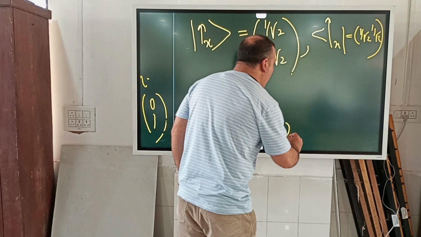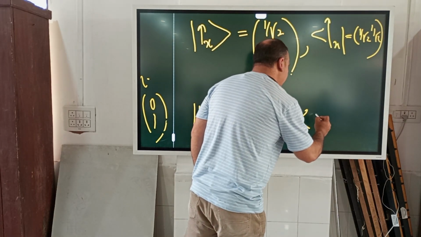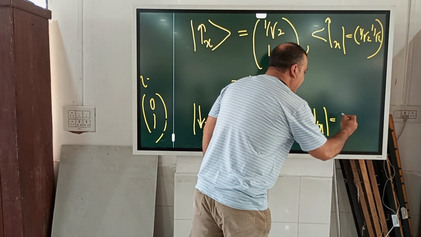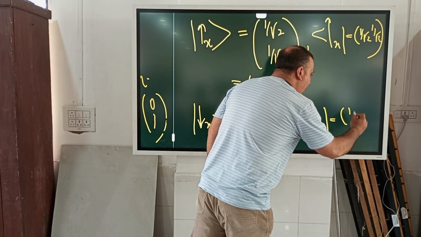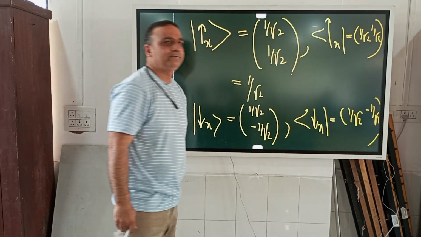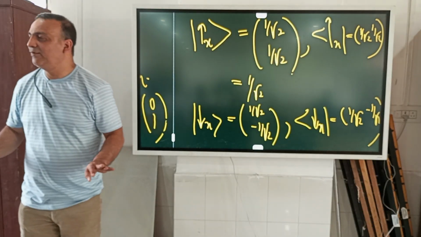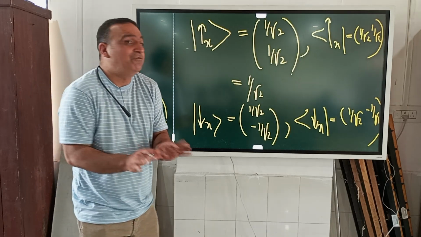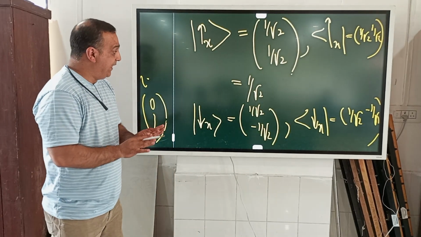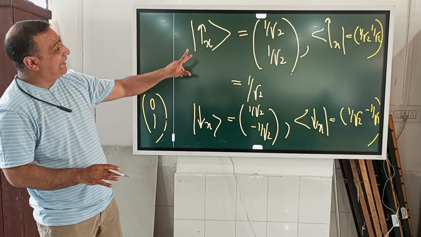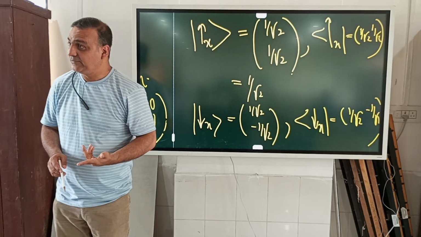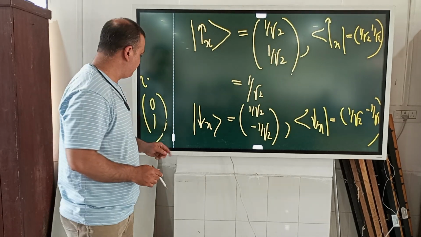So what will be its bra? That will be a row matrix of 1 by root 2, minus 1 by root 2. I'm trying to formulate it. And the things that you see there are the result of that normalization, this 1 by root 2.